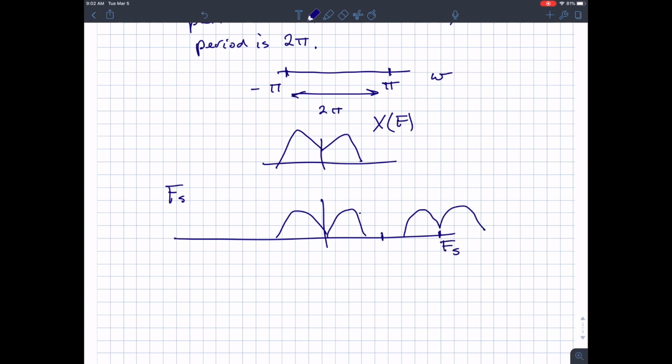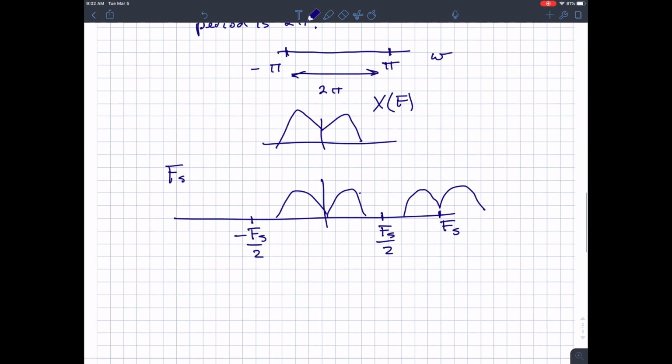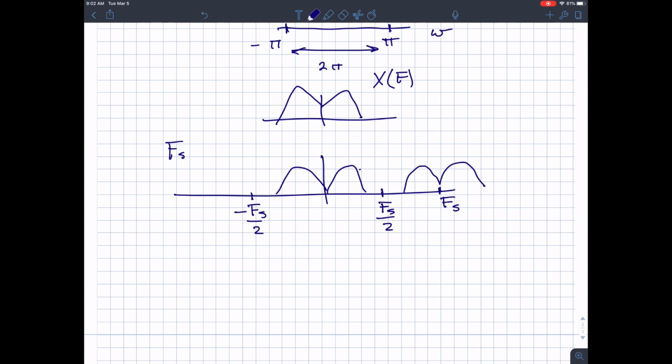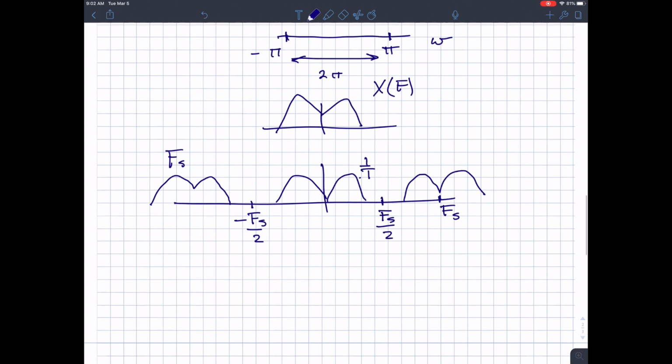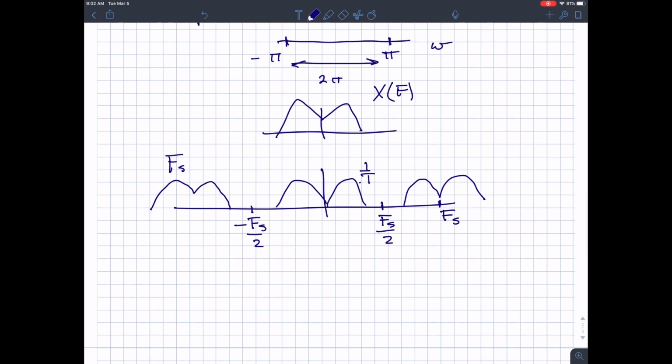Okay, and so between Fs over 2 and minus Fs over 2, I get the original spectrum. Remember, there's a scale factor of 1 over T as well. Okay, but it's periodically extended. All right, and that's really a consequence of turning things into integers instead of continuous time.